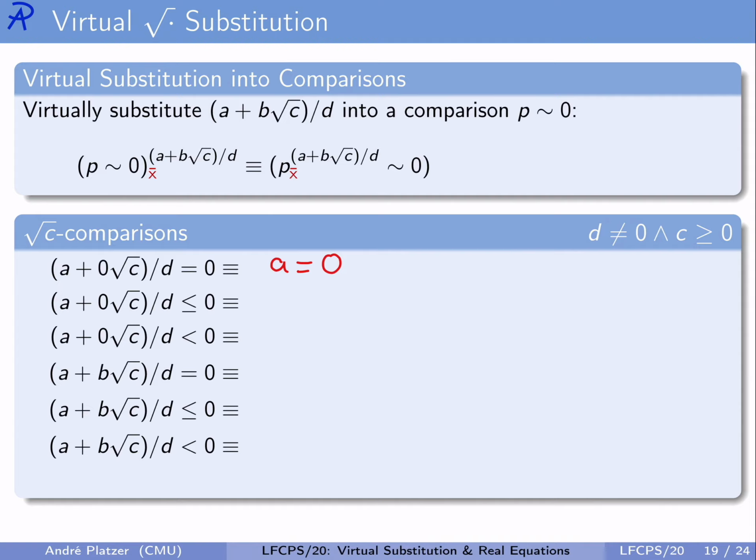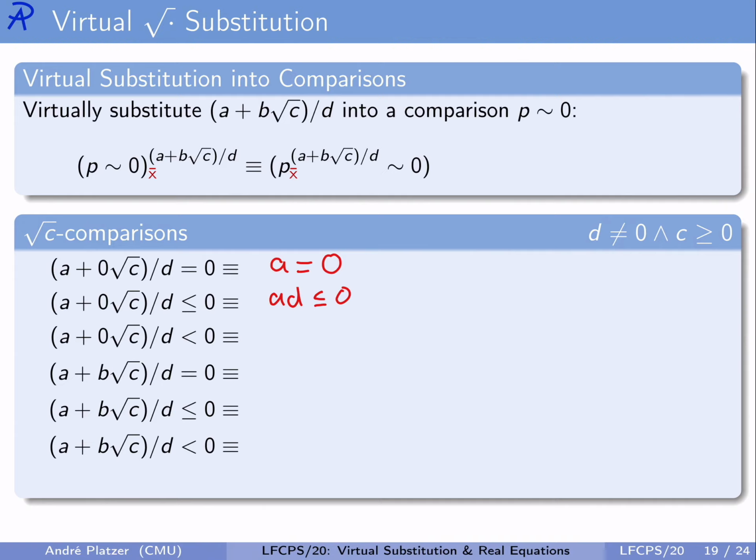And a divided by d is less or equal to 0, well, if a is less or equal to 0, well, unless d had a different sign. In other words, the whole thing is less or equal to 0 if and only if, sneakily multiplying them, I get something less or equal to 0.